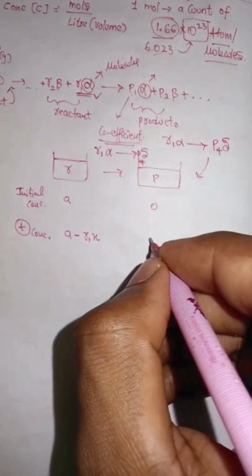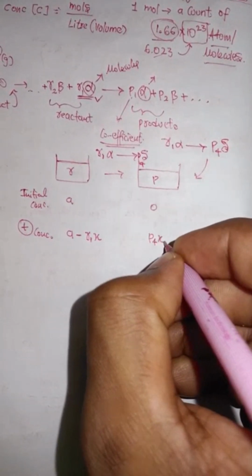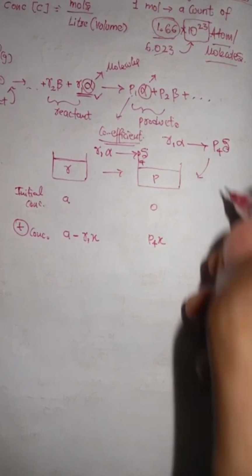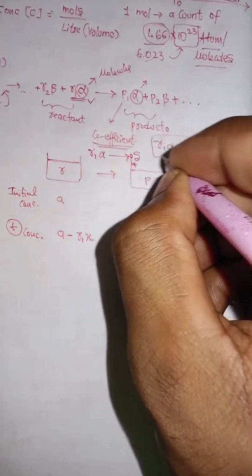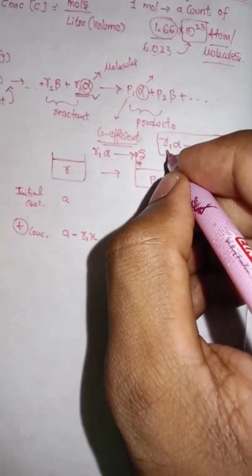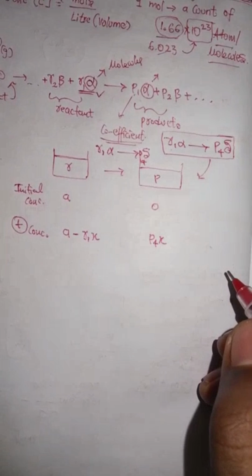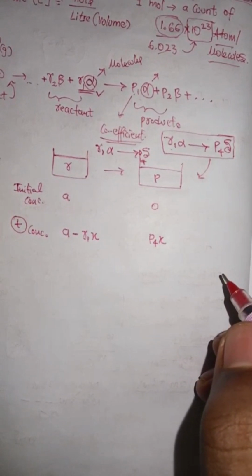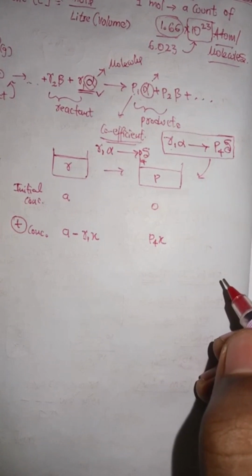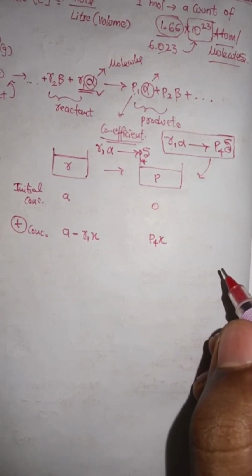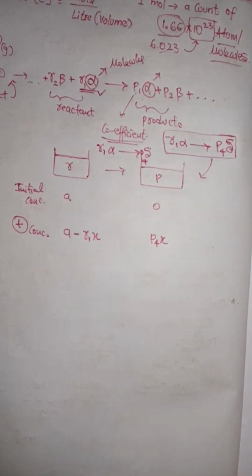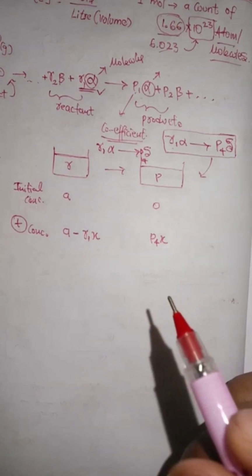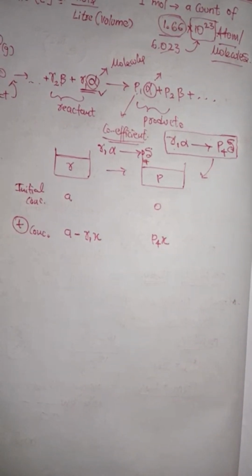And here P4 x comes, and what happens for this reaction is that R1 moles of alpha will become P4 moles of delta. This is actually a standard. Even though I have chosen this reaction, let's consider this to be a law in nature, and R1 moles will become P4 moles.